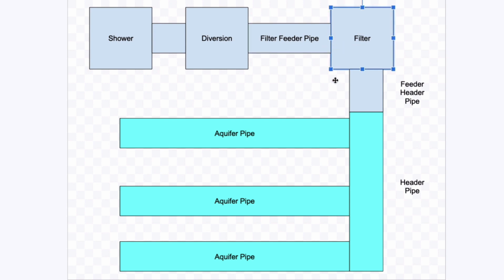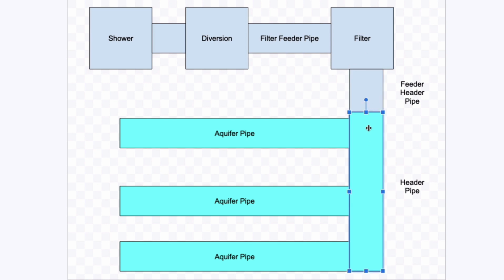Now from the filter, you got the filter on top and then you got the surge tank on the bottom, so that's gravity. And then once it comes out of the filter, this feeder header pipe has a slight decline all the way down into this junction right here when it drops into the header pipe.